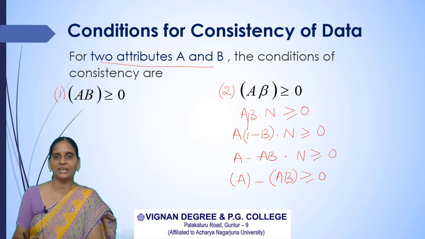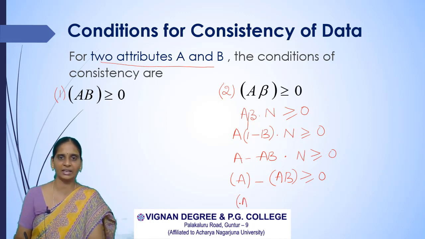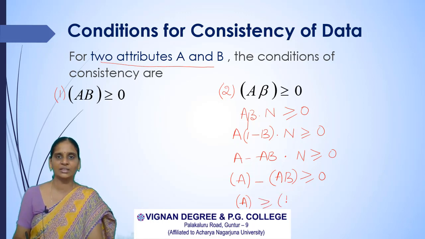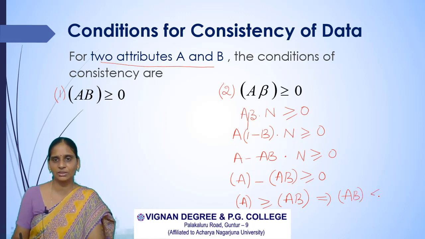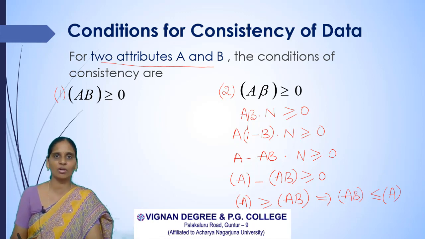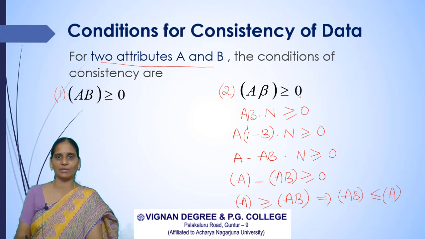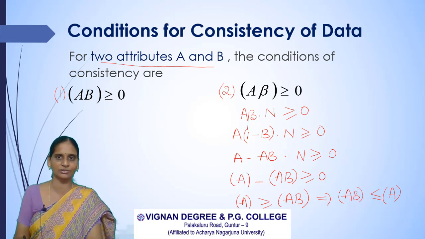In the left hand side, minus frequency of ab can be shifted into the right hand side. Then we get frequency of a is greater than or equal to frequency of AB, or this can be written as frequency of AB is less than or equal to frequency of A. In this slide, we have solved the two consistency conditions. The first condition is frequency of AB is greater than or equal to 0, and the second condition is frequency of A beta is greater than or equal to 0.